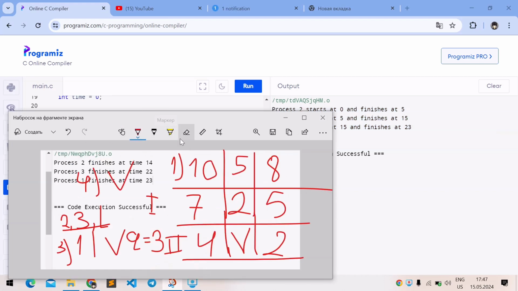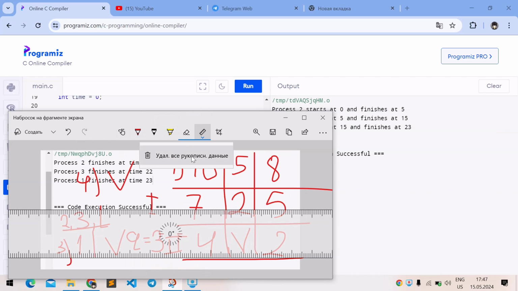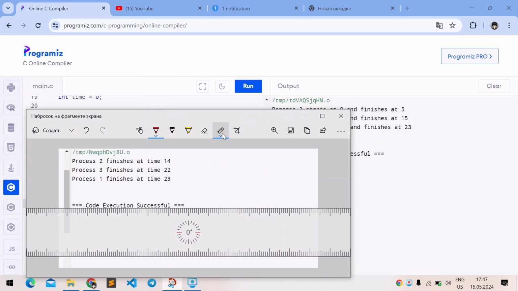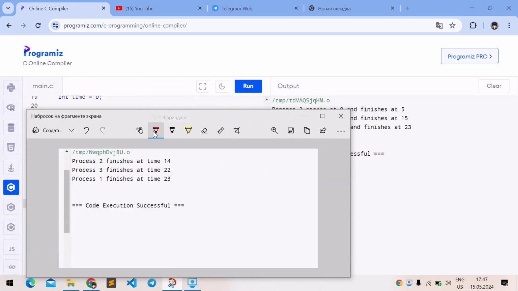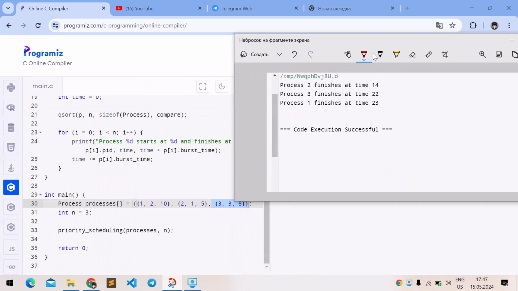And let me explain this. In this case, we have 3 processes with burst times 10, 5, and 8. But their priorities are 2, 1, and 3.